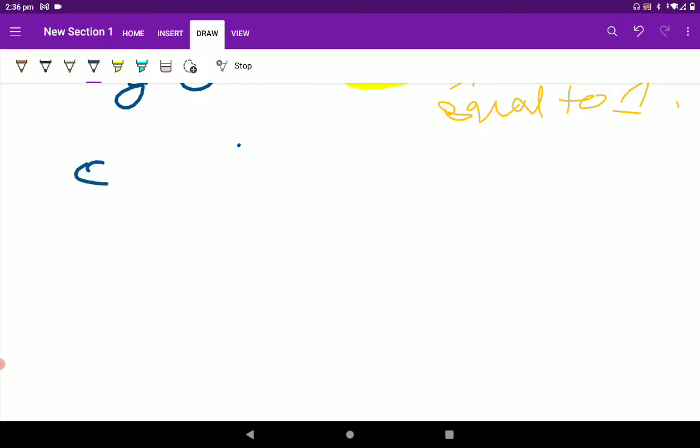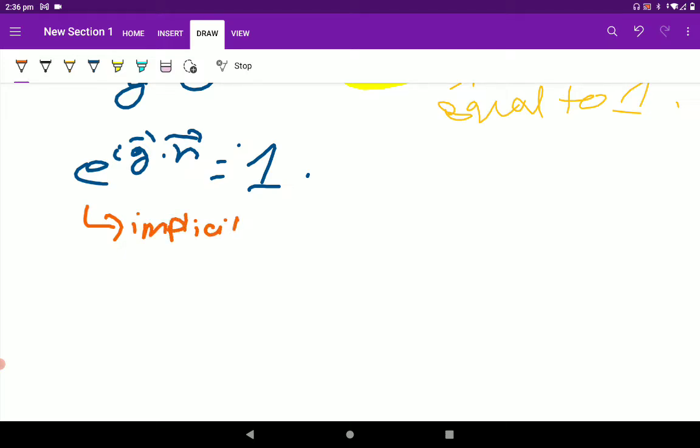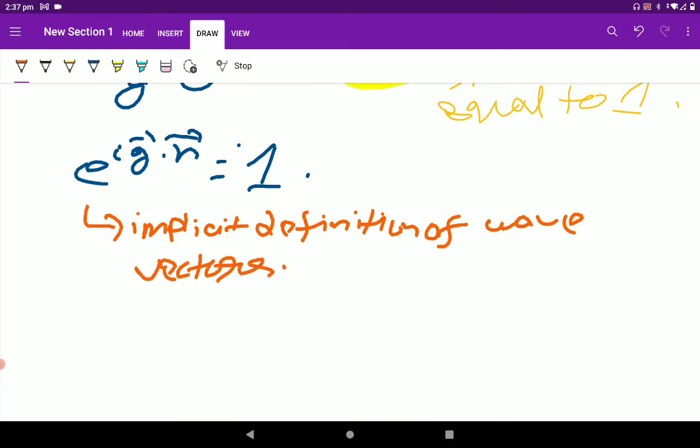So we can write this. This can be taken as an implicit definition of wave vectors. So if a1, a2 or a3 are not perpendicular, we can use this relation to calculate the value of the G vector.